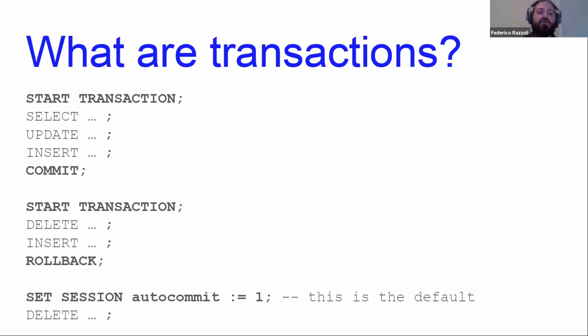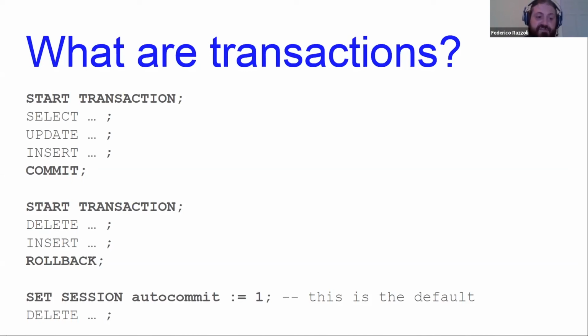Commit means, make all the changes I've made effective. It means that even if I run an update, an insert, and so on, the effects of these statements will not be visible for anyone else except me until I run commit.